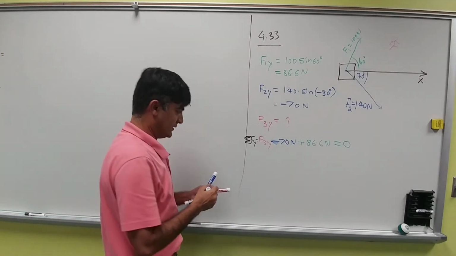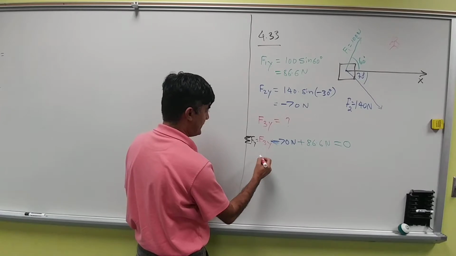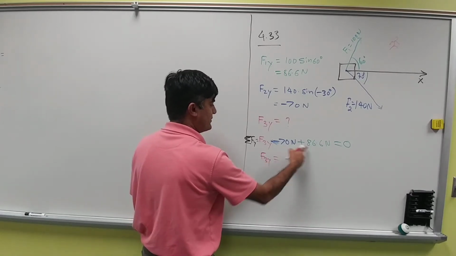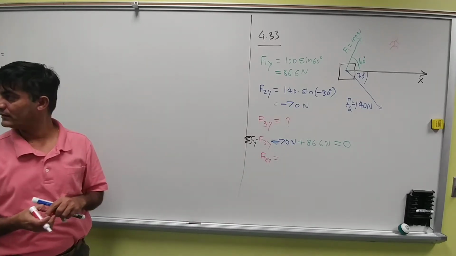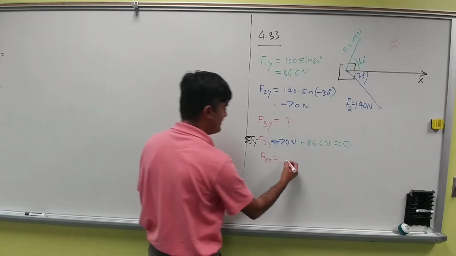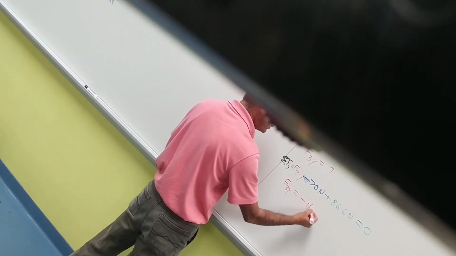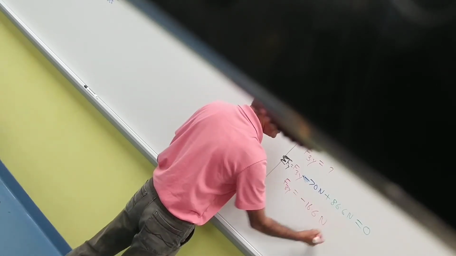So what will be F3Y? It will be 70 minus 86.6, which is minus 16.6.